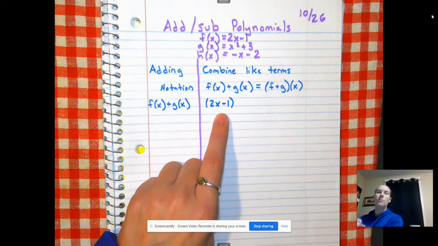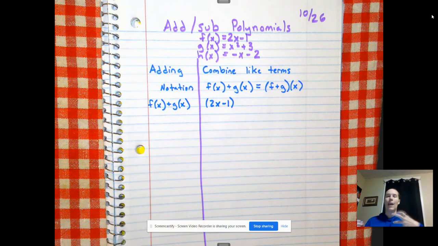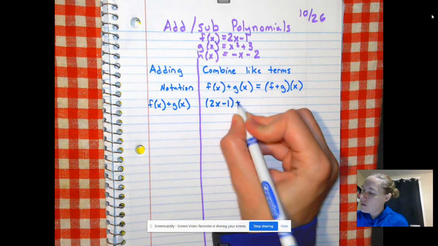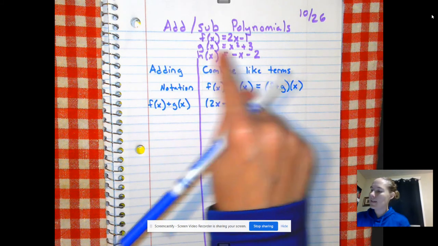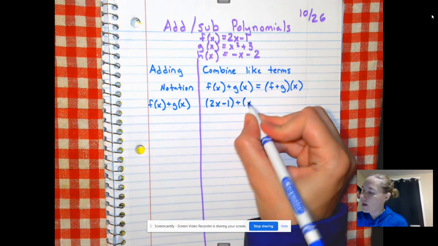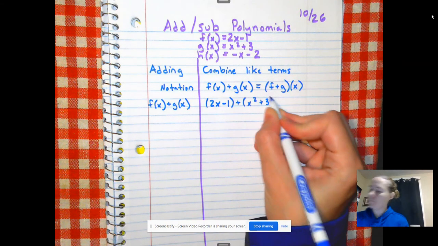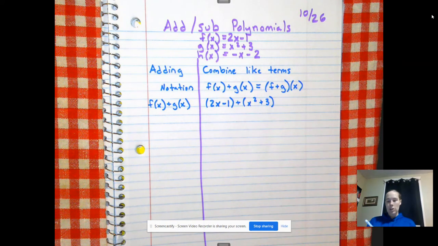This will come in handy when we do subtraction, so it's good to get into the rhythm of it. So now I'm adding, and I add g of x. So I look up here, g of x, I have x squared plus 3. So my functions are 2x minus 1 plus x squared plus 3.